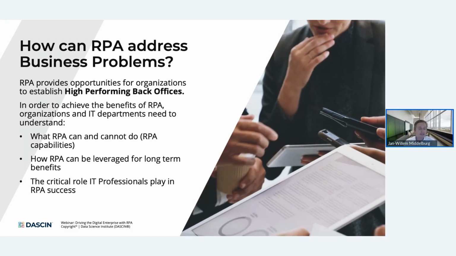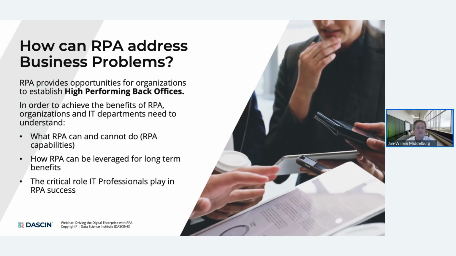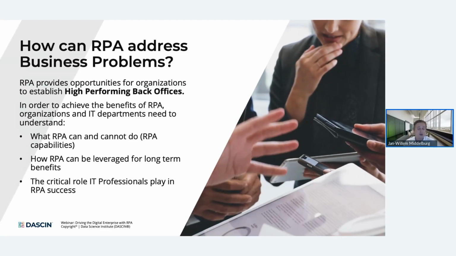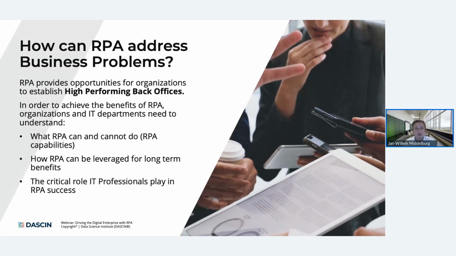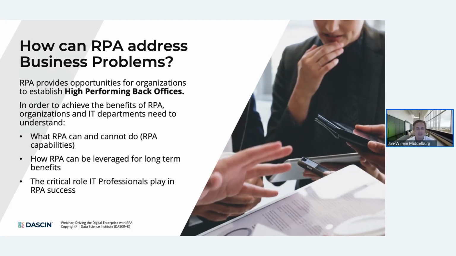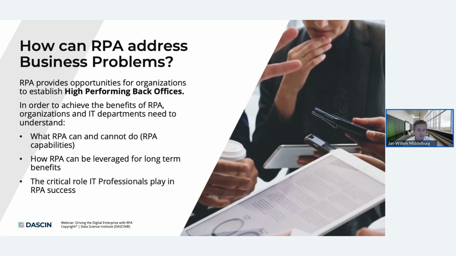Back offices are characterized by the fact that they need to process a lot of repetitive processes over a period of time. And by using RPA solutions, you can streamline this, and do it more quickly and more efficiently.